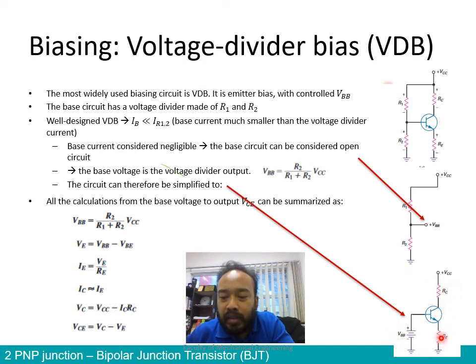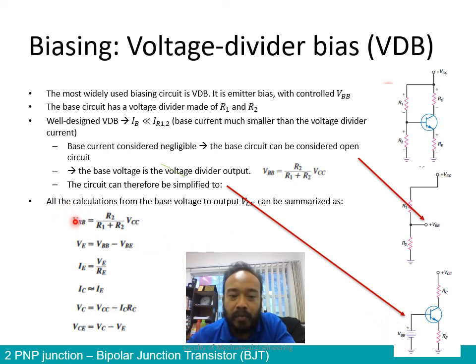It's just that VBB is controlled by the ratio of the voltage divider. So in order to get more or less current in IE, as in the calculation in the previous slide, we could adjust VBB by modifying the ratio of the voltage divider, to control the output. The calculation from there is as in the previous slide.